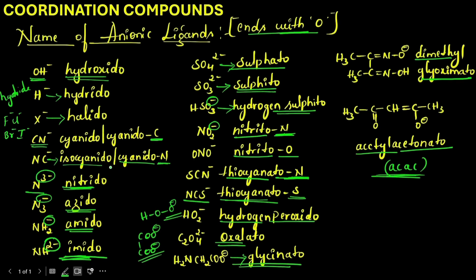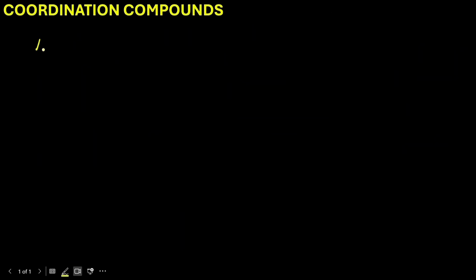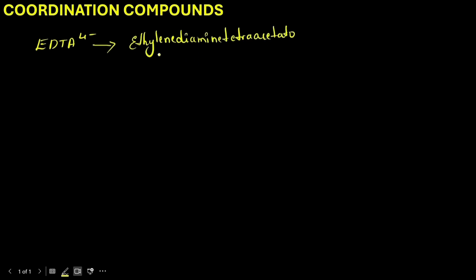Next we will see ethylenediamine tetraacetate, which is also an anionic ligand. If you consider EDTA 4 minus, the name of this ligand is ethylenediamine tetraacetate.